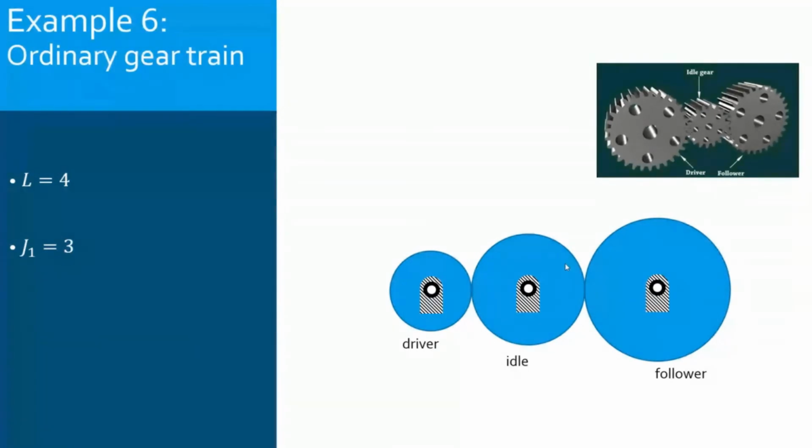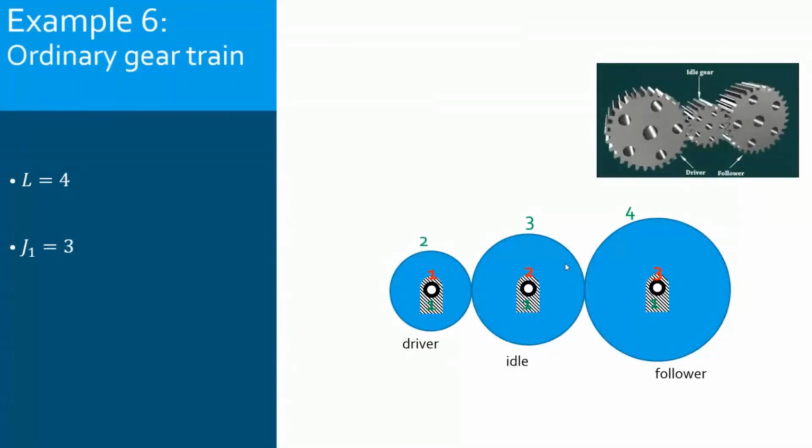Here you will have 3 gears, but we need the ground. So we have the ground and 3 gears. In all, I have L equal 4. Now, each of the gears has a fixed axis rotation.